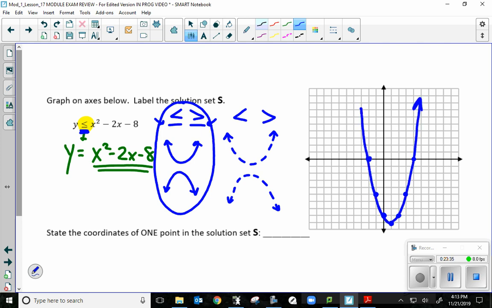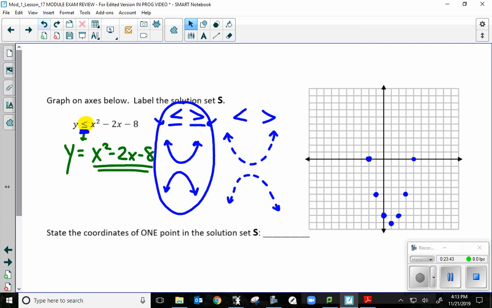Now, if it were one of these symbols here, if this was less than, or if it was just greater than, my dashed line would look something like that, okay?